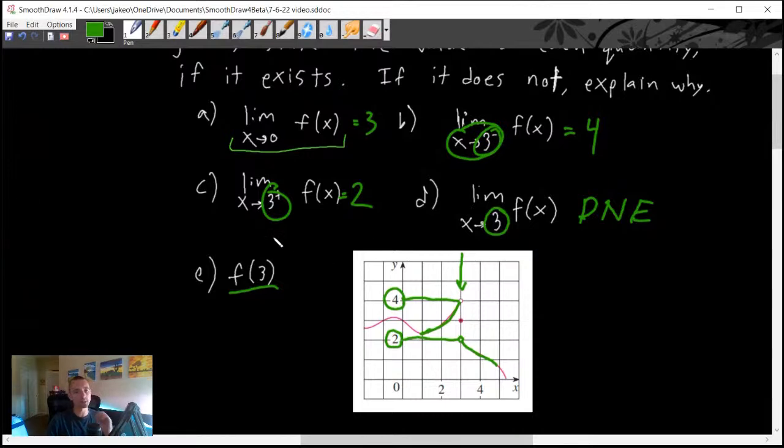We don't care what happens at those x values, but what happens as you get really close. That's not what this is saying. This is saying the opposite. We don't care what's happening around x equals 3. We care what's happening at x equals 3, that one point. We're not moving along our function in this case. We're just looking at that one point on our function.